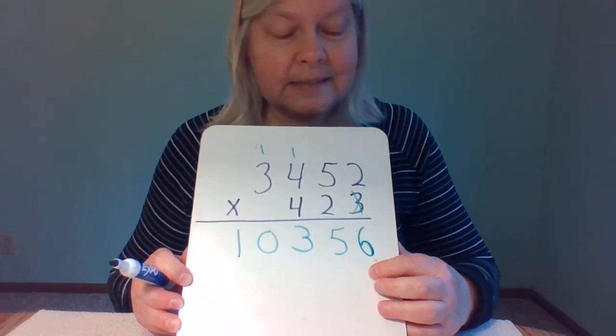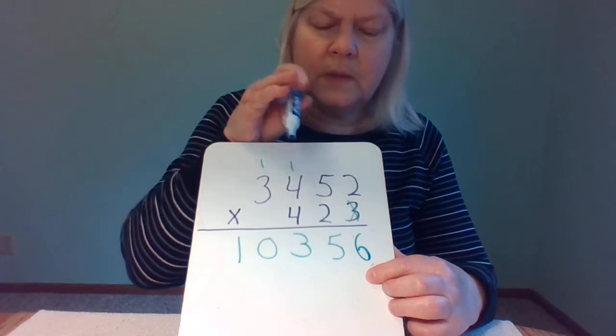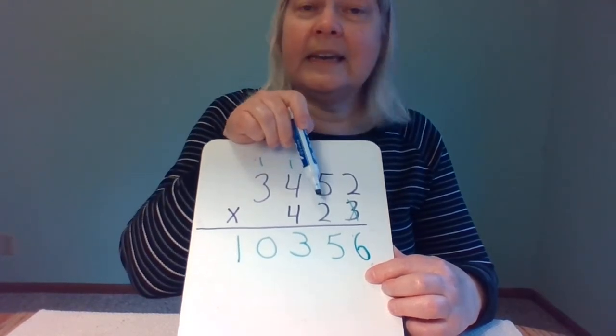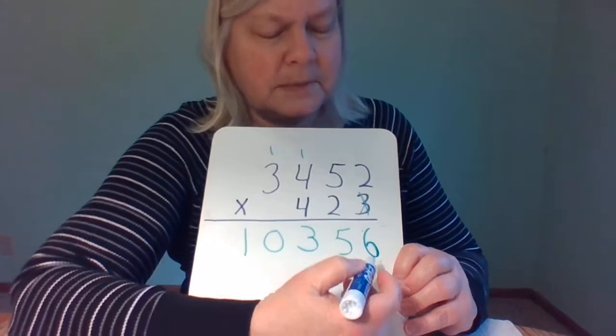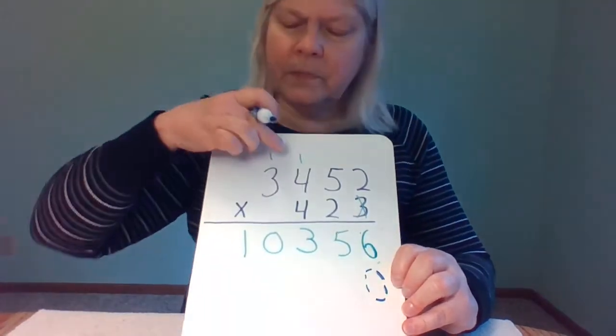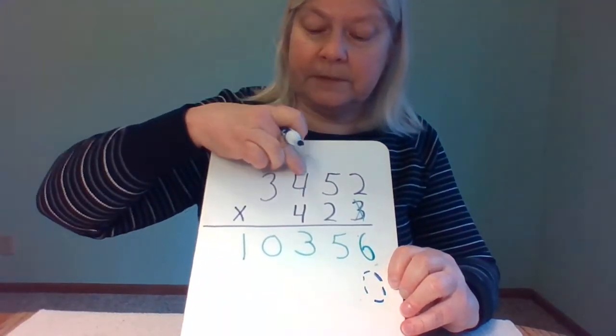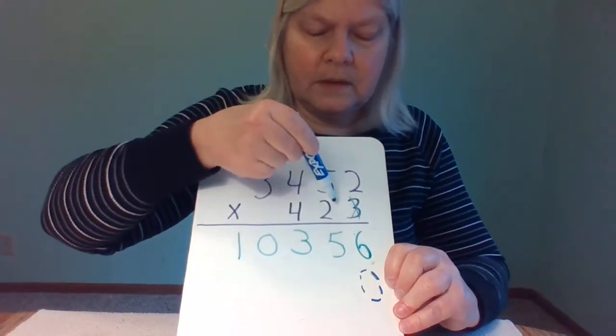Do you remember what it is? Whenever you're multiplying by something in the tens, you can't get anything in the units. So we have to have something to hold the place. Remember our special zero? There it is. Also, we need to erase these trades. They'll be different. All right, we're ready to start.